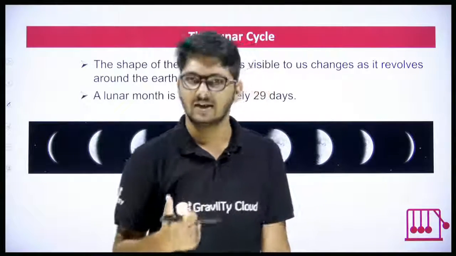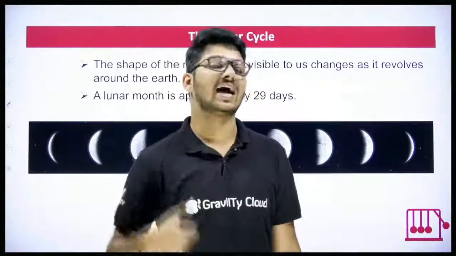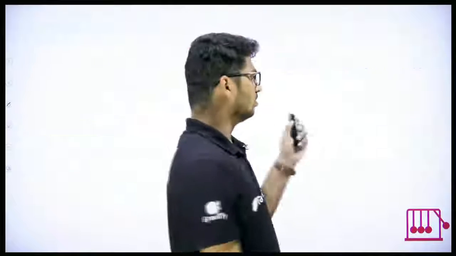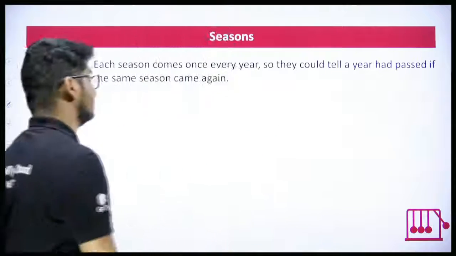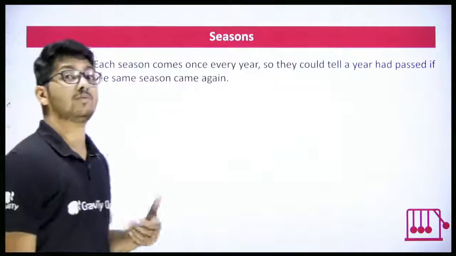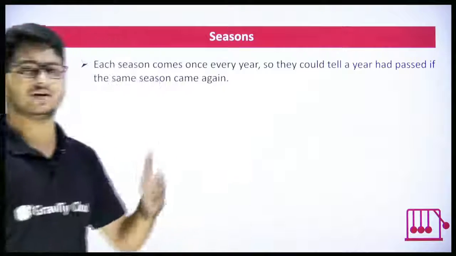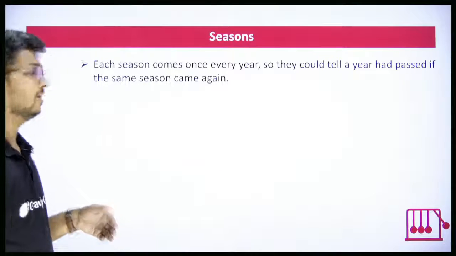So they had this sunrise and sunset or day-night cycle. They had lunar month. They also had other cases which is seasons. And seasons were more important when it came to agriculture. Even today, seasons are very important when it comes to agriculture, when to plant a crop, when to harvest a crop, when to cultivate a crop, all of them. Clear?